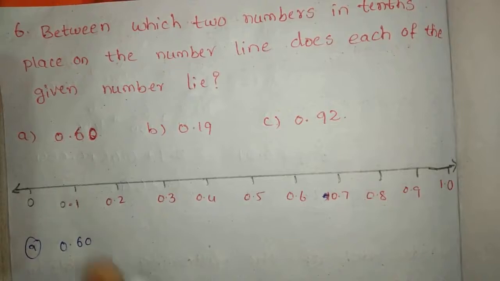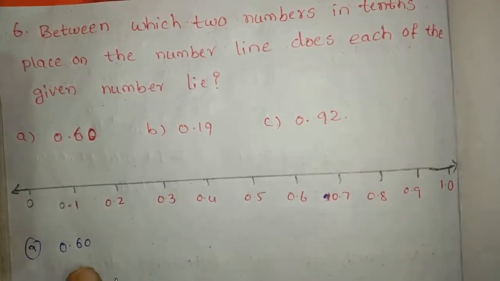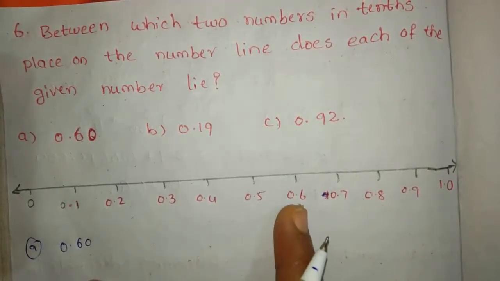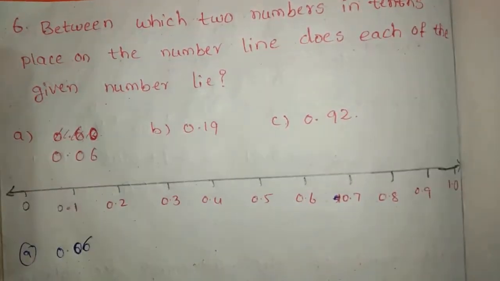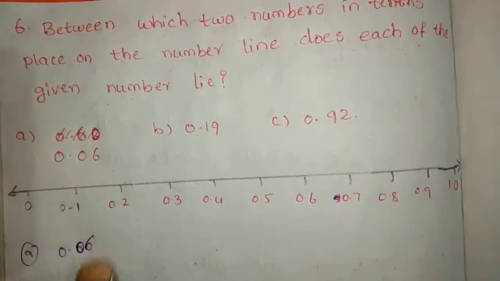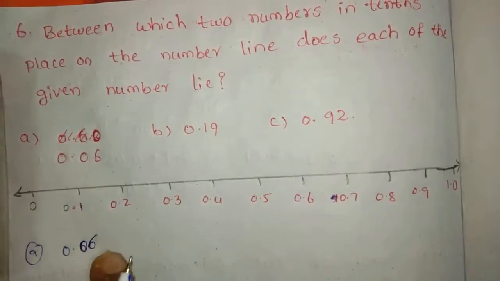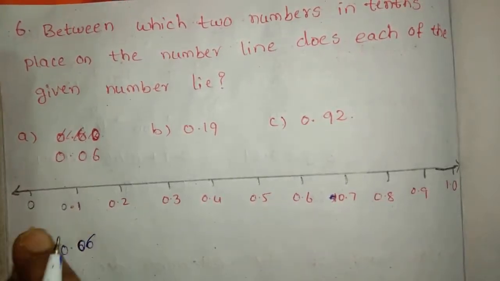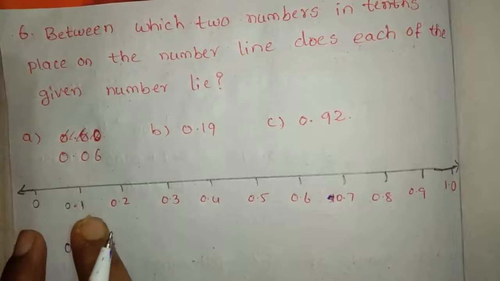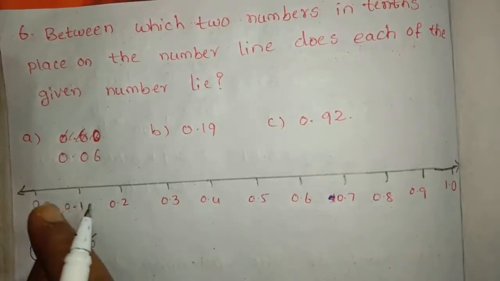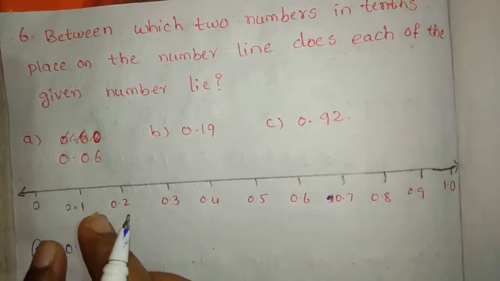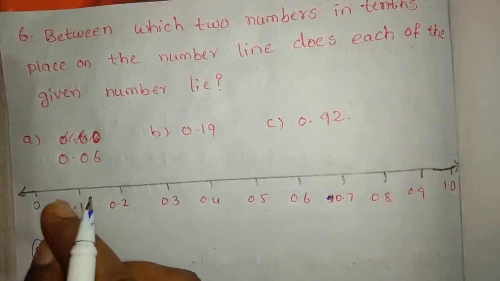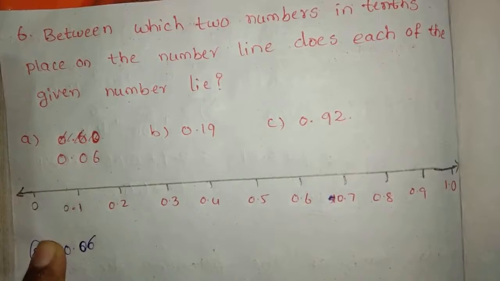Okay. Now the first one, 0.60. Sorry, this is 0.06. Now the first one is 0.06. Here 0, here 0.1. From 0 to 0.1 we make 10 equal parts.